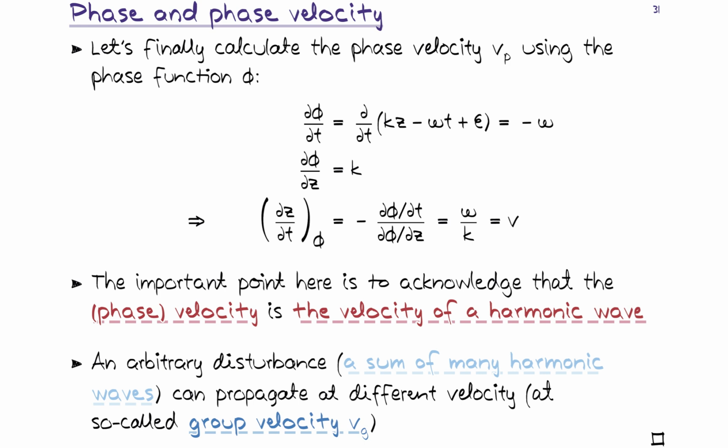And this is a slightly strange thing, but in this introductory course, we have chosen not to speak more of group velocity than just to say that there are these two different concepts, and we're dealing only with phase velocity in this course.